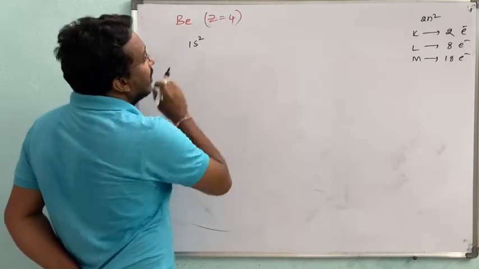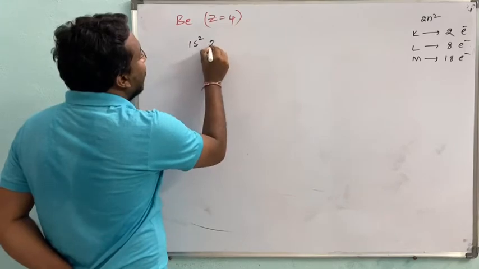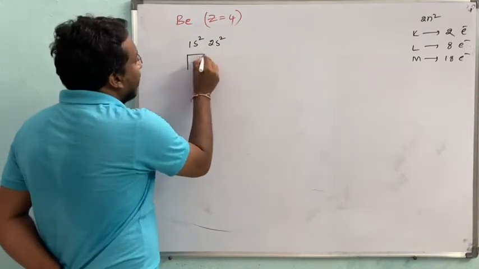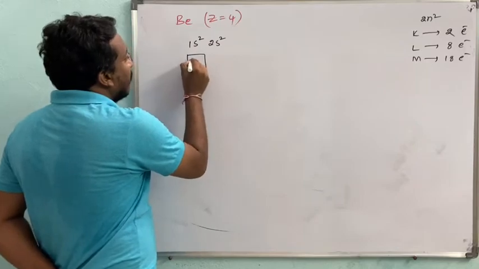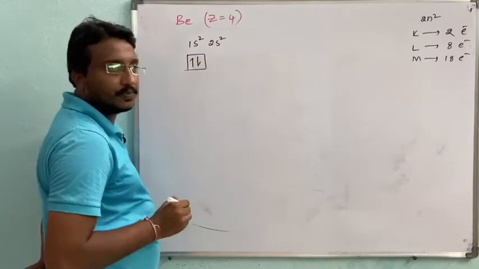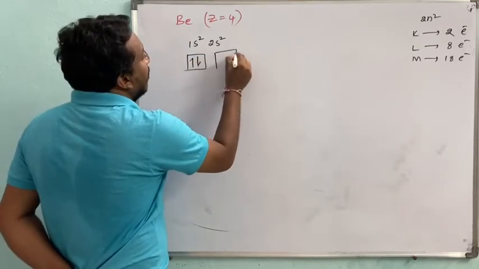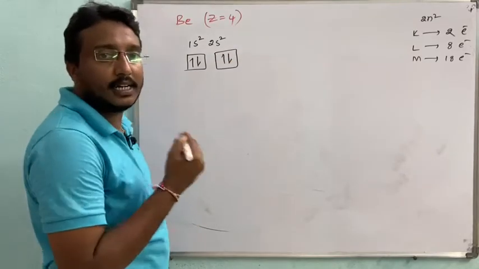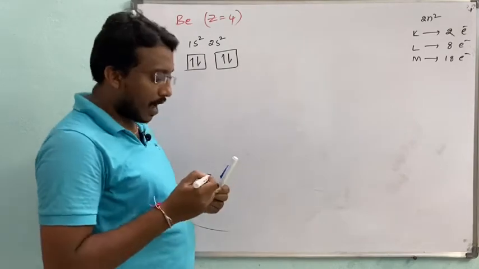So here, first we fill 1s2. Then the next 2 electrons we fill in 2s2. Got it? This shows the spin of the electrons present in an atom.